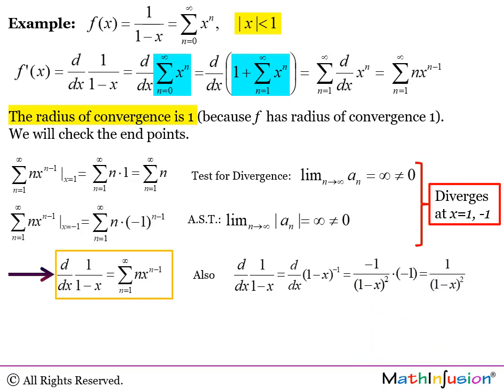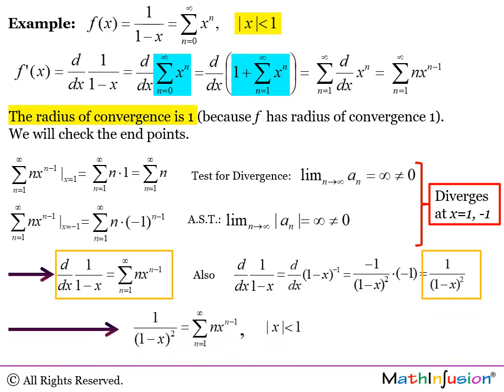Using the chain rule, we get that the derivative of f of x is 1 over (1 minus x) to the power of 2. We conclude then that the expression of the function 1 over (1 minus x) squared as a power series is the sum of n times x to the n minus 1 when n runs from 1 to infinity, and this is true for all x such that x in absolute value is less than 1.